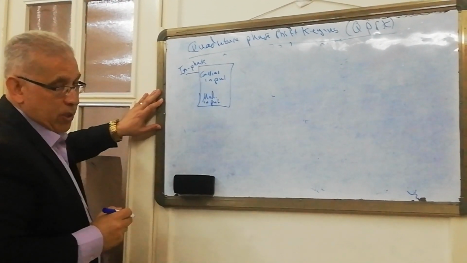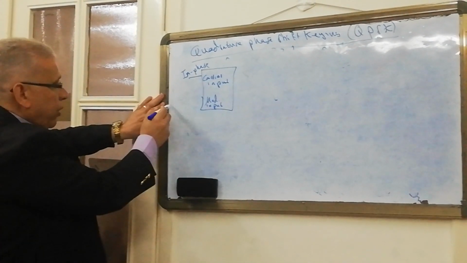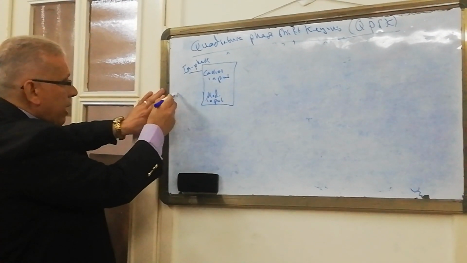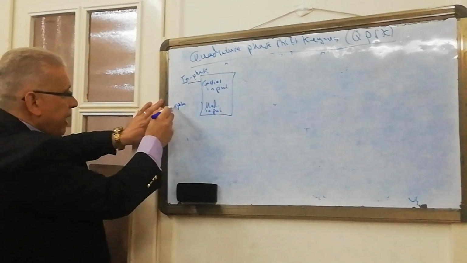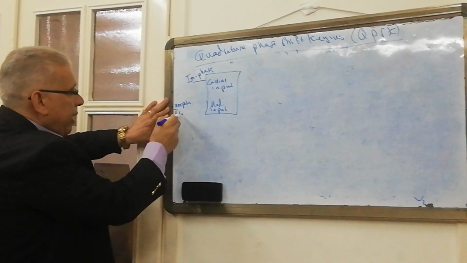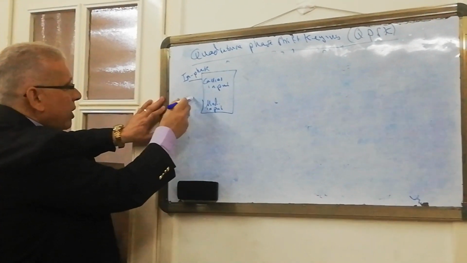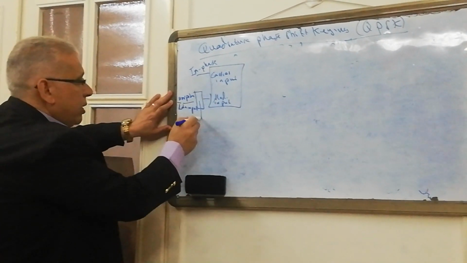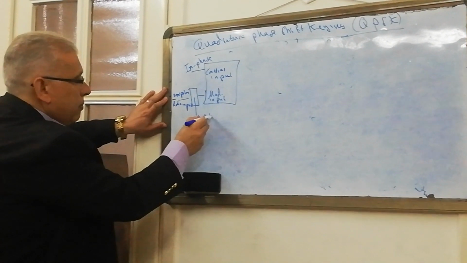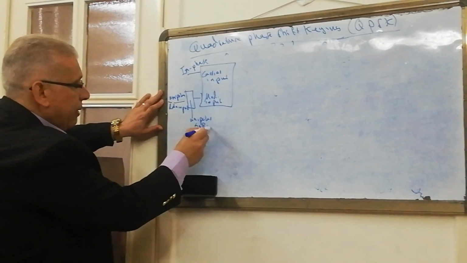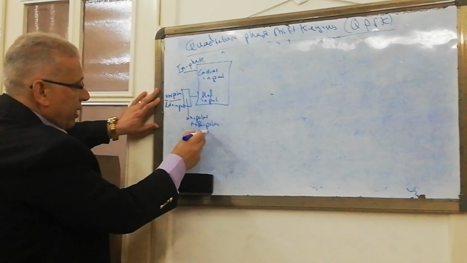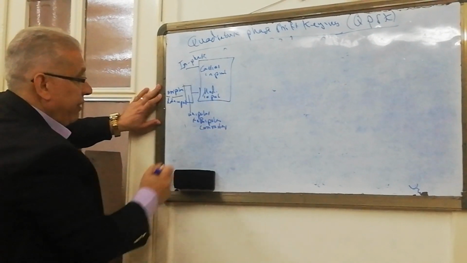As in phase shift keying, we have the unipolar data input. We apply it to a unipolar to bipolar converter in order to have plus V and minus V.